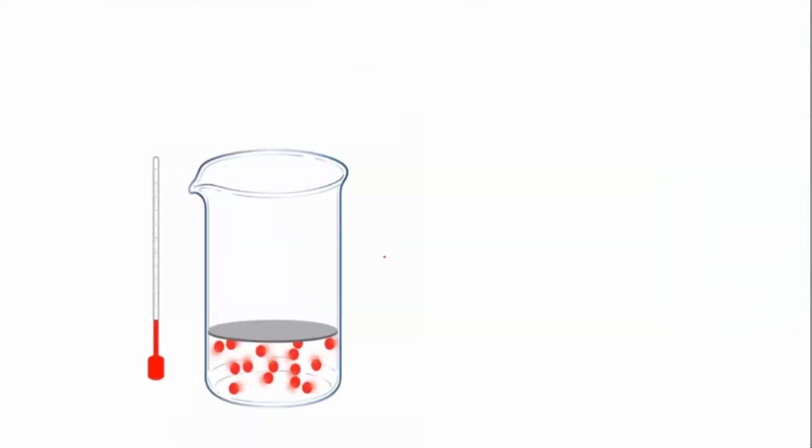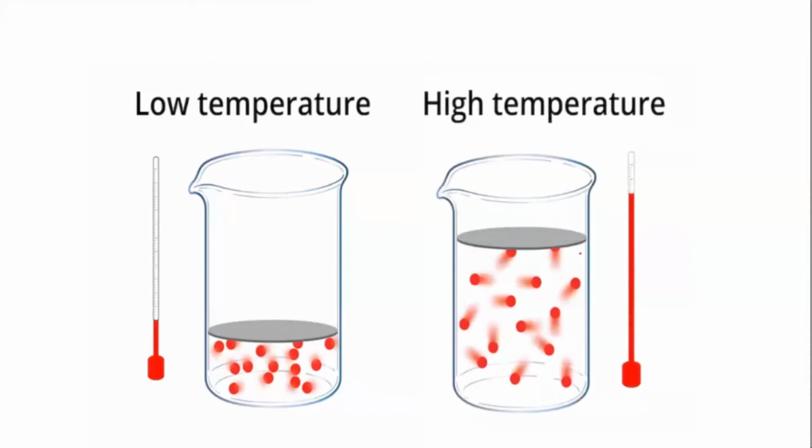So now, if I have a solution, suppose that solution is at a lower temperature. At lower temperature, these molecules are at a particular energy. But if you increase the temperature, if I take that same solution at a higher temperature, what will happen, as you can see in this picture, is that these molecules will acquire a certain amount of energy, and the volume of that particular solution will increase, correct?